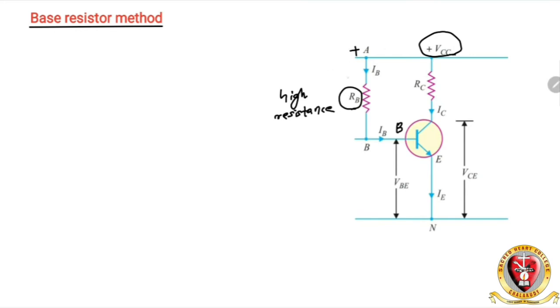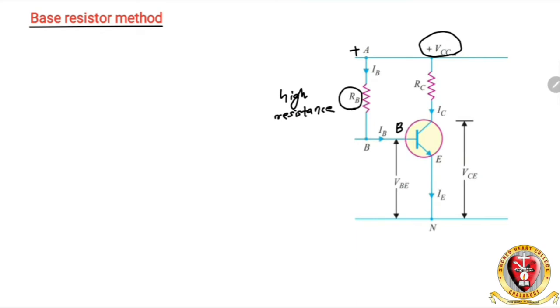So we are connecting a high resistance RB between base and positive end of the power supply for an NPN transistor, and between base and negative end of supply for a PNP transistor. This is the case of an NPN transistor. If we are using a PNP transistor, this is the negative end, and between the negative end and the base we will connect a high resistance.